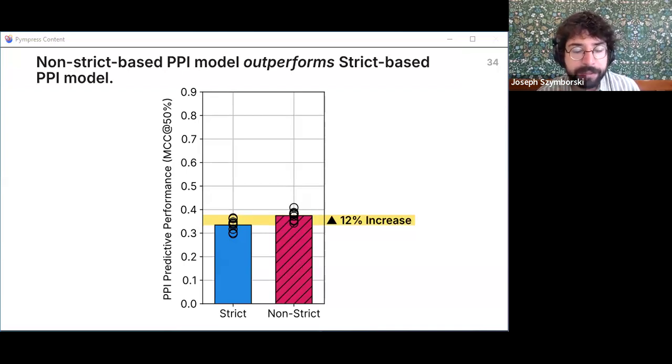This was a statistically significant result, and it illustrates that there is data leakage occurring here, because the only difference here is the presence of testing proteins in the training set for the protein language model. That's the only difference between the blue and the red graph.